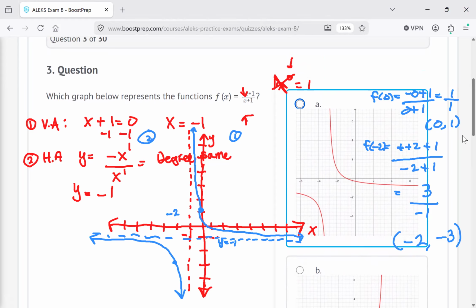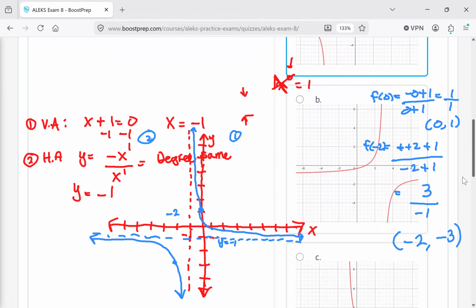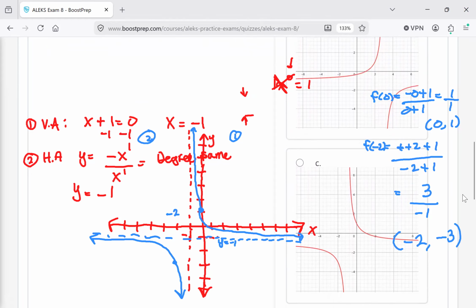No, it's not A. Yeah, it is C. Here's negative 1, and then y equals negative 1. They don't show it to you, but as you can see, you can tell there is a vertical dash line here and a horizontal dash line here. As you can see, right, yeah, there we go.